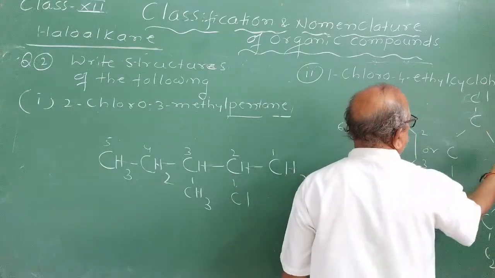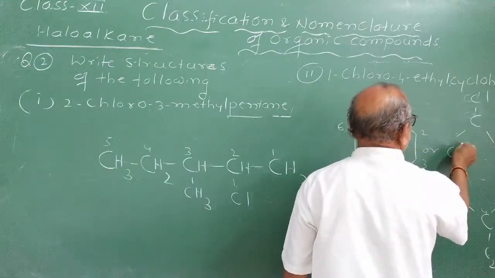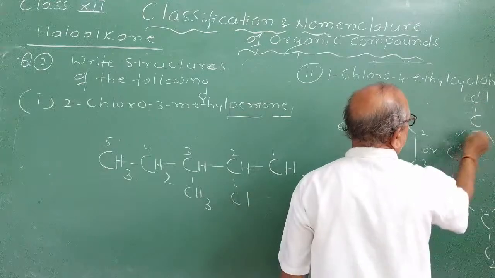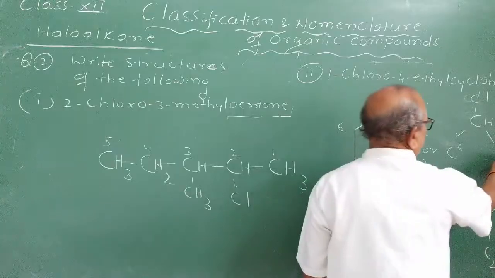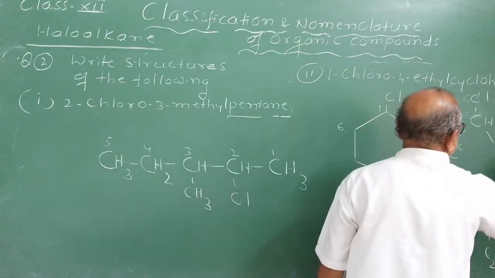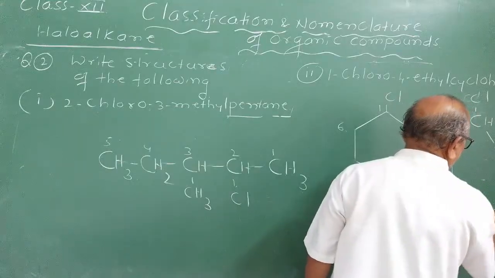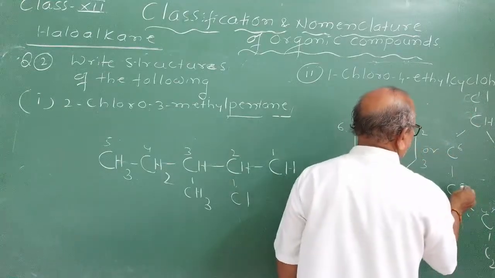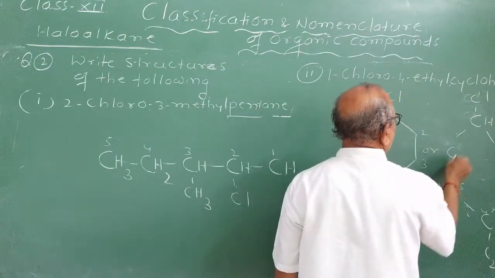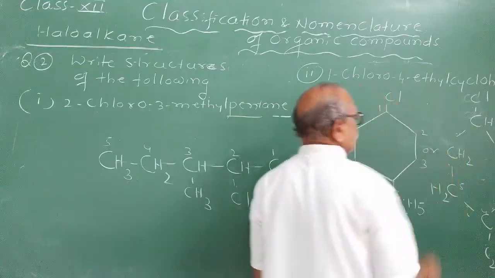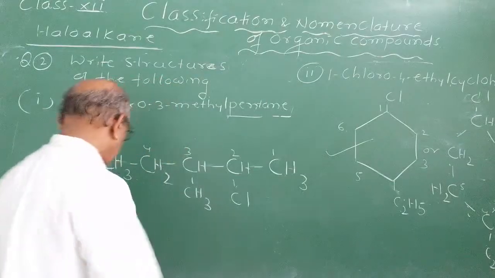First carbon atom: how many valencies are left? 1, therefore you write CH. Second carbon atom: 1, 2, you write CH2. Then 1, 2, 3: CH. Then CH2, CH2, and CH2. This is the open structure. This is the bond notation.